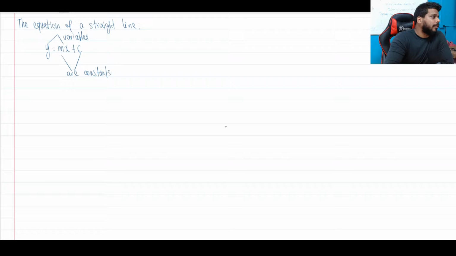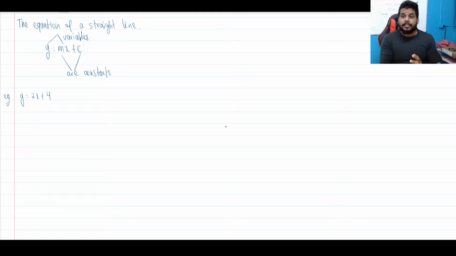So for example, if I have y = 2x + 4, it's clear to me that this takes the form y is a number multiplied by x plus another number. The first number, if I do a side-by-side comparison, is looking like my m.